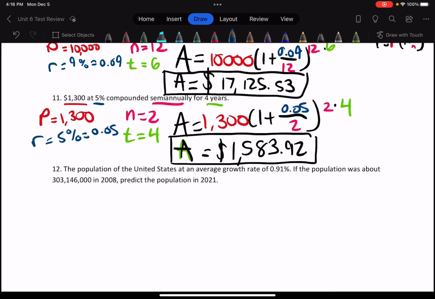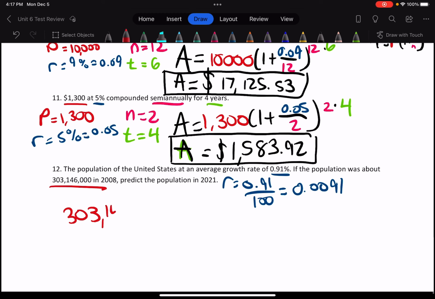Well, I know that my rate is 0.91%, but I need to convert that percent to a decimal. It's now going to be 0.0091 in decimal form. My initial value is the 303,146,000 people.